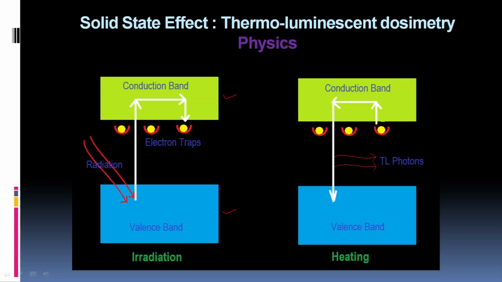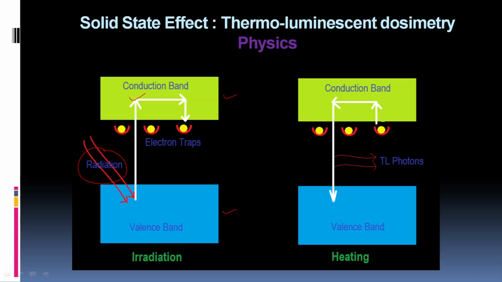But if we dope some crystal with some other type of elements, some electron traps are created in the forbidden gap, and these are the crystals which show the thermoluminescence property. Now if a thermoluminescent crystal is exposed to radiation, what happens? The valence band electron receives energy and it moves to the conduction band.